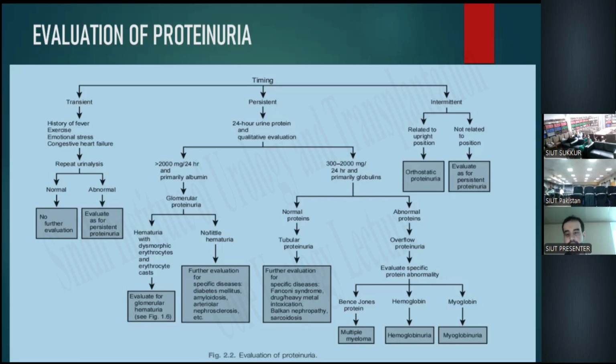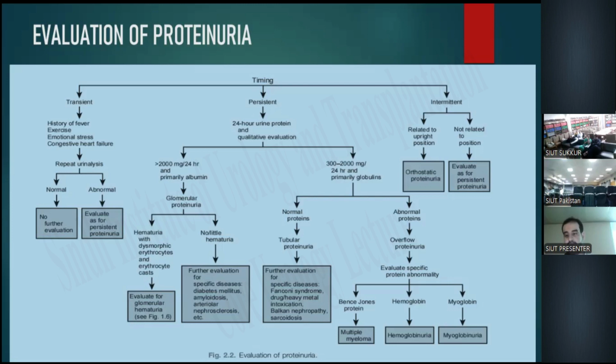If in 24 hours the protein is 300 to 2000 milligram, primarily globulin, and it's normal protein, you are suspecting tubular proteinuria. Further evaluate for specific diseases like Fanconi syndrome, drug or heavy metal intoxication, Balkan nephropathy, and sarcoidosis.